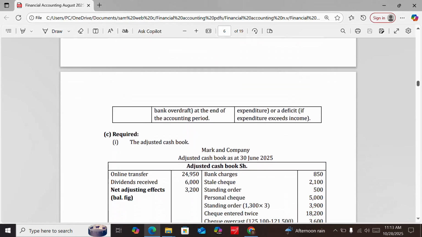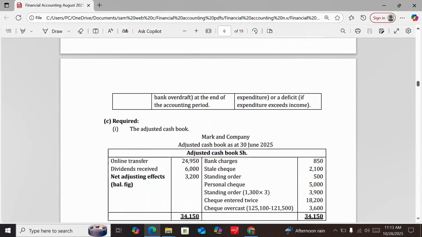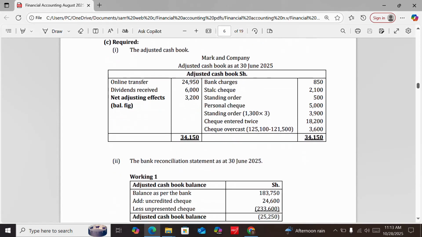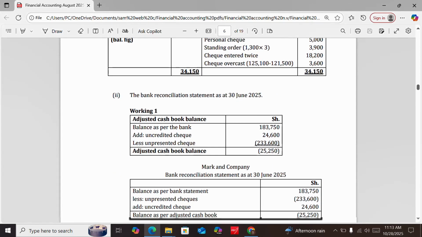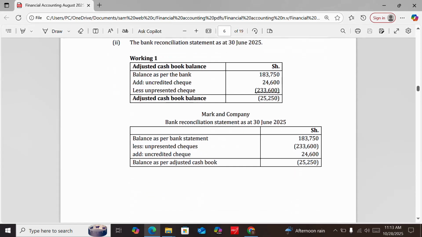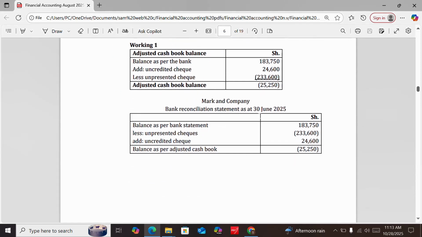Then part C, we have the adjusted cash book for Mark and Company. Then we have our working 1 there, and then we have the bank reconciliation statement.